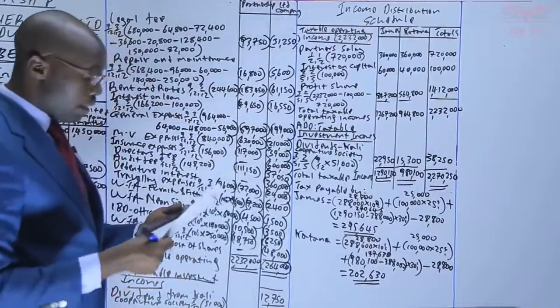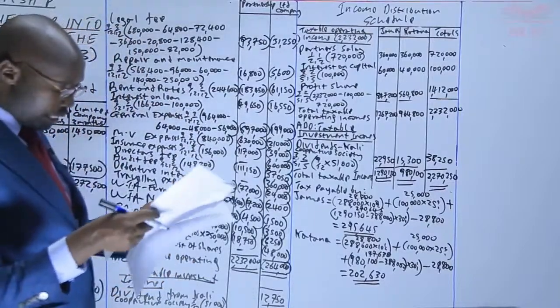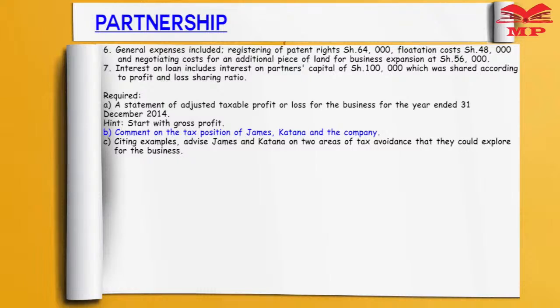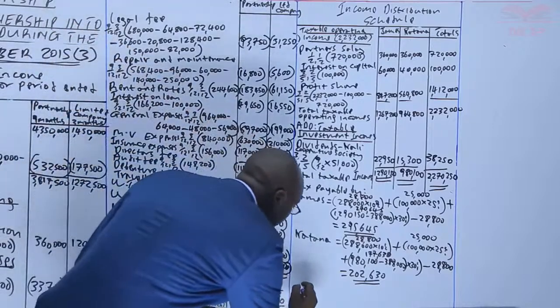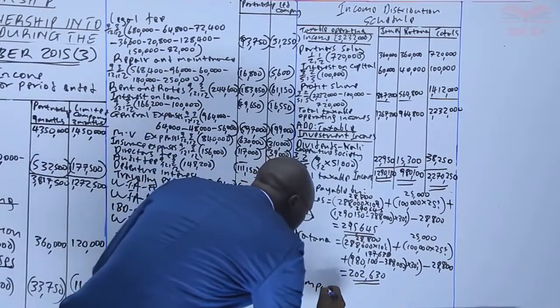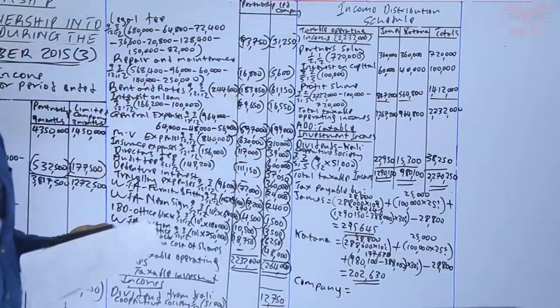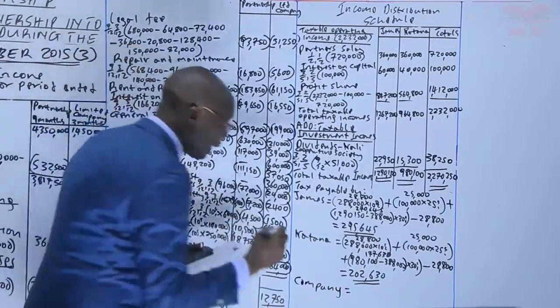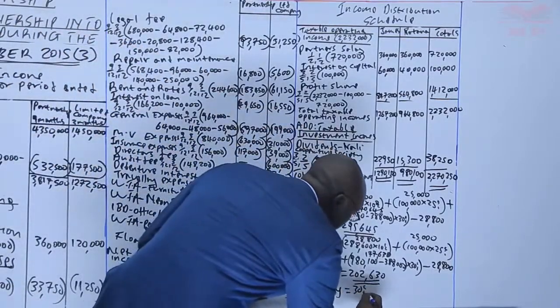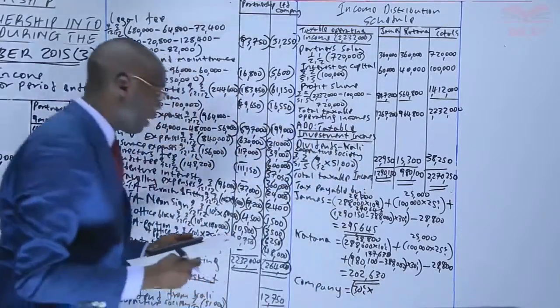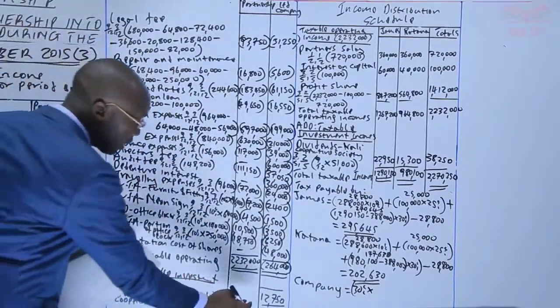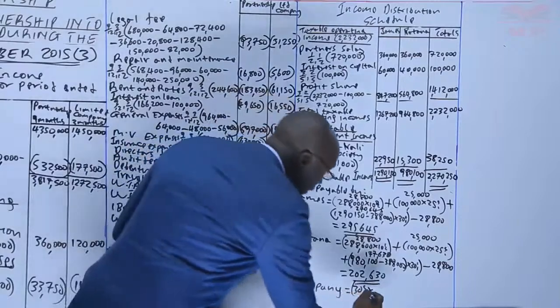But the question was not about James and Katana only. In required number 2, it was the tax position of James, Katana, and the company. Now, for the company, we normally tax at the rate of 30%. So we take 30% of the taxable income, which is 12,750.